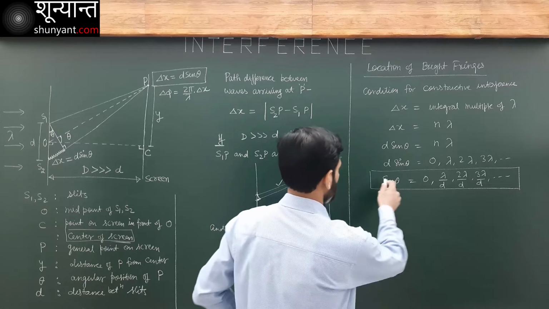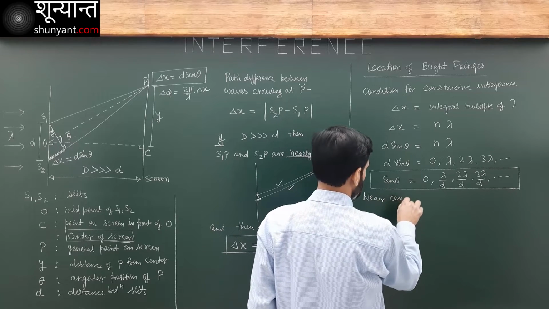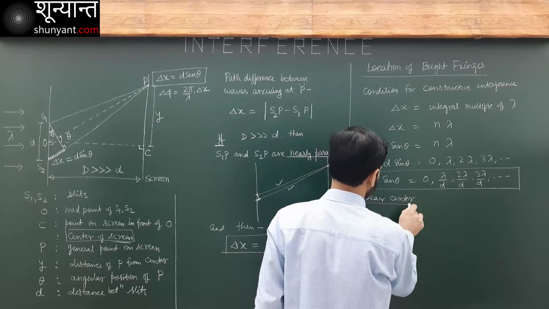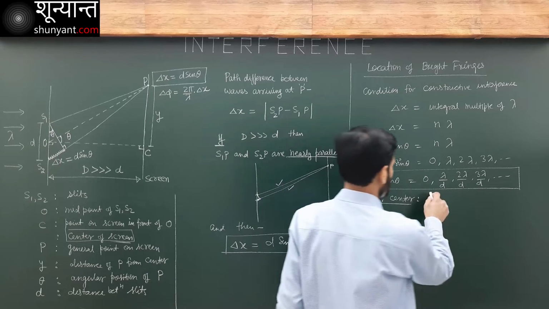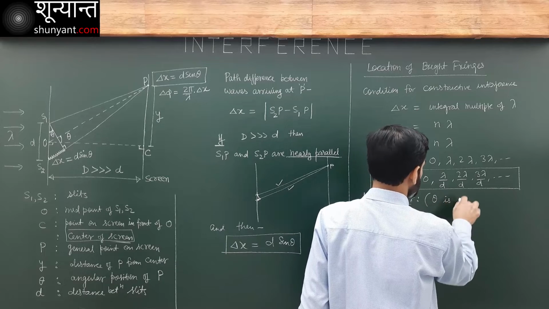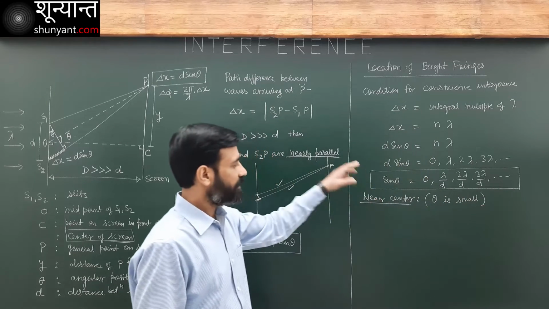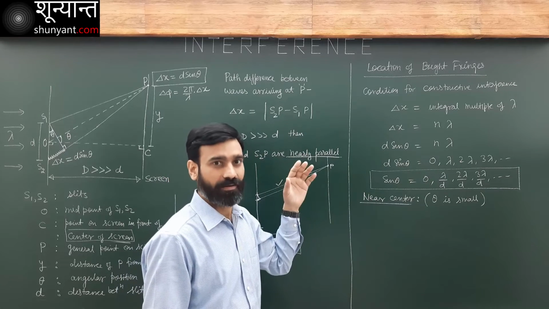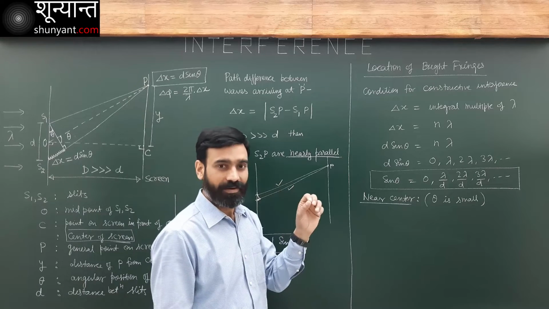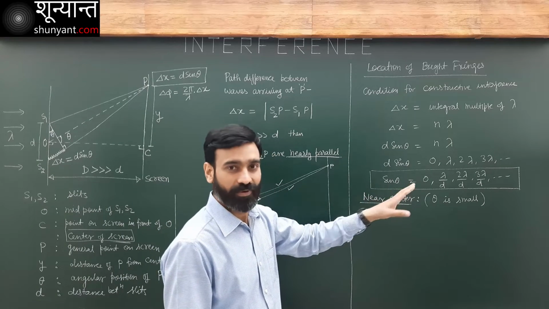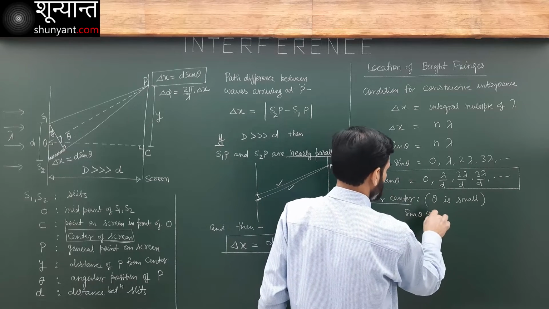Now, near the center, theta is small. This is the condition for a bright fringe anywhere on this screen. But near the center, where theta is small, I can write sine theta is approximately equal to theta.